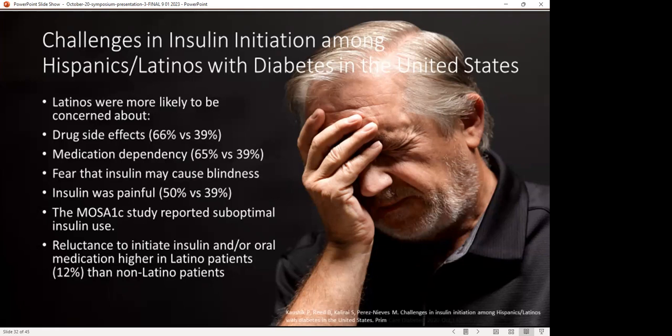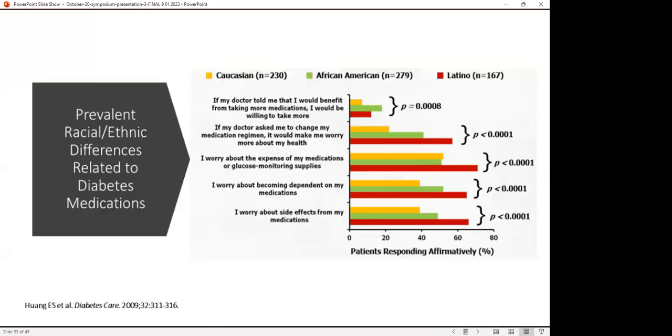I also want to show this particular slide. It's a little old, but I really wanted to emphasize that this looks at 3 different groups: Latinos, African Americans, and whites.